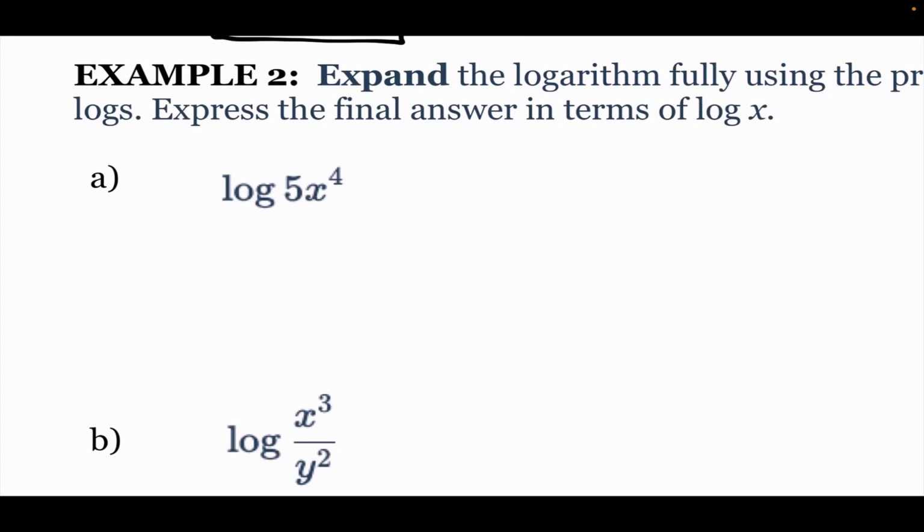2a, I see multiplication: 5 times x to the fourth. And I see a power. So the first thing I'm going to do is use the product property to expand them. So instead of one log, I'm going to give them two.